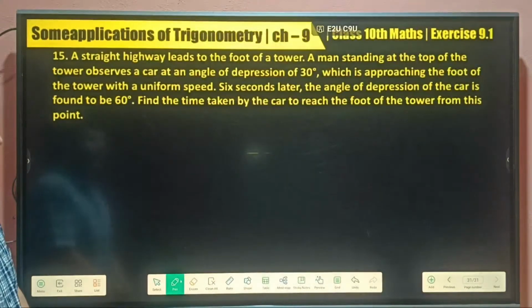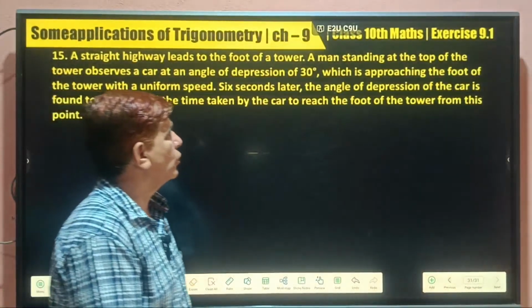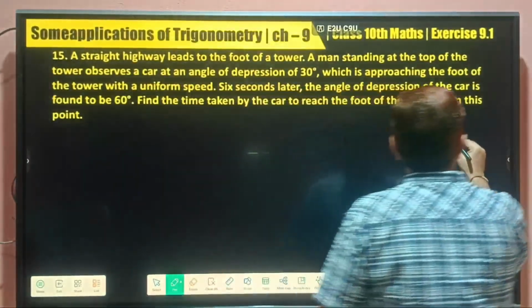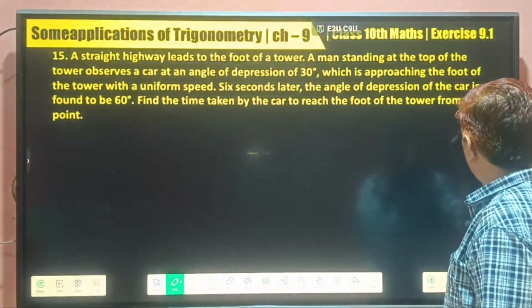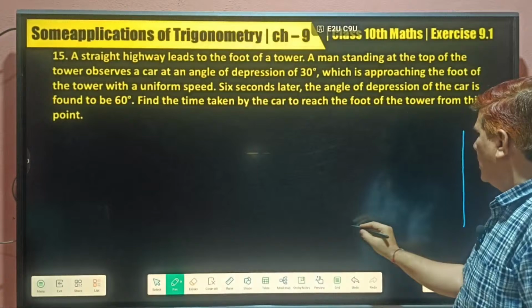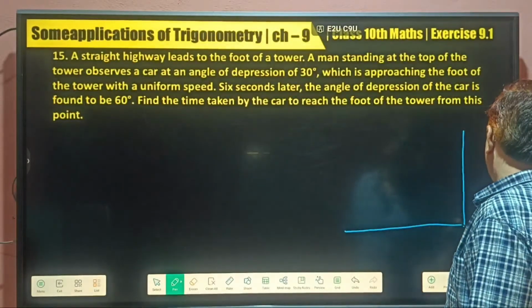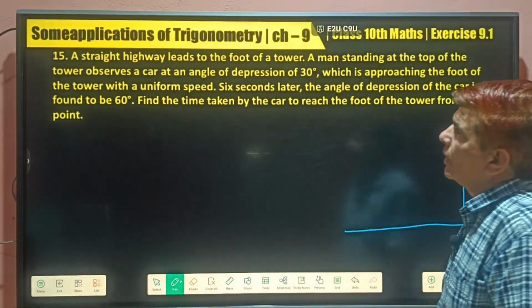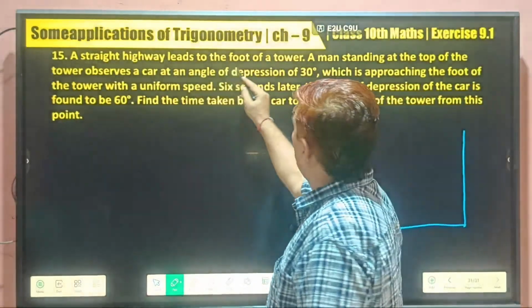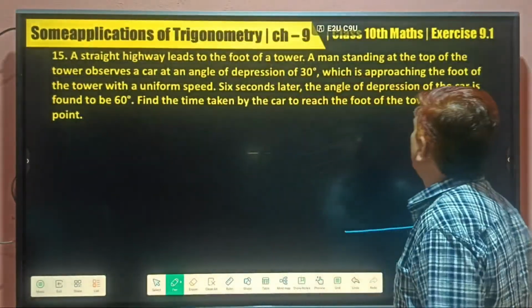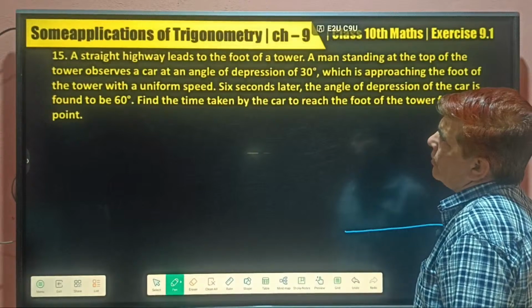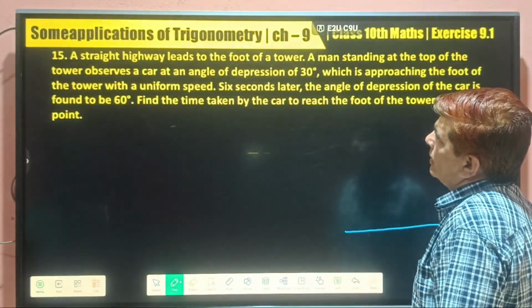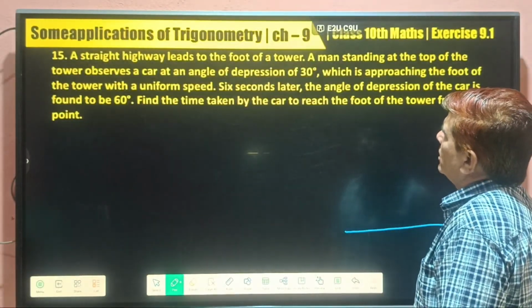A straight highway leads to the foot of a tower. So we can say this is a tower and the road is coming like this. A man standing at the top of the tower observes a car at an angle of depression of 30 degrees.